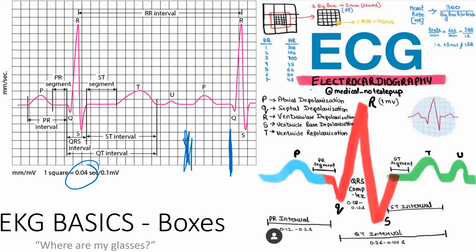Well, we measure PR intervals, right? If it's bigger than 1 big box, you've got an AV block. When we talk about AV blocks, they usually always have a prolonged PR interval. So if it's bigger than 1 box, that's a quick clue that you have an AV block on your hands, right? And then what else? The QRS, we're not going to really spend too much time on the QRS. All you have to know is if it's prolonged, it's a bundle branch block, not an AV block.